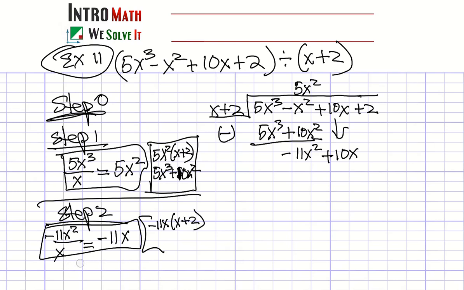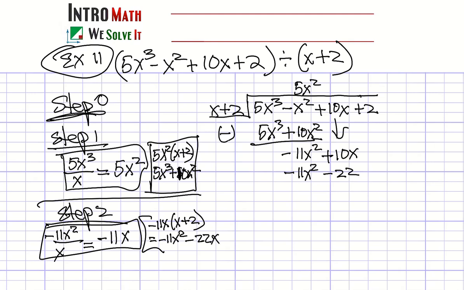Let's leave this out. What do you get? You get negative 11x squared, negative 22. See that, right? So you put that there. I'm jumping the gun. You go negative 11x squared, negative 22x.